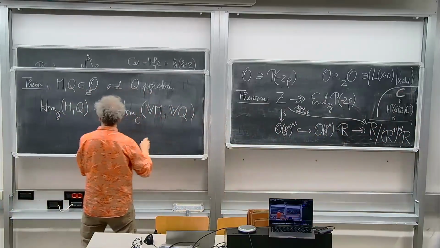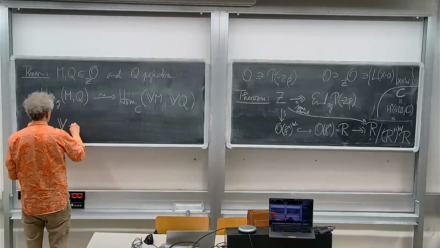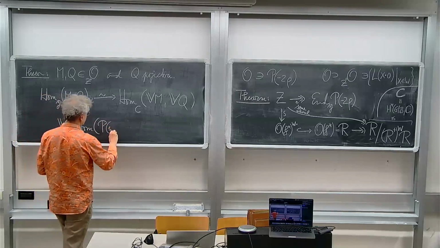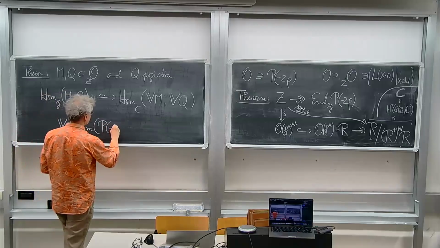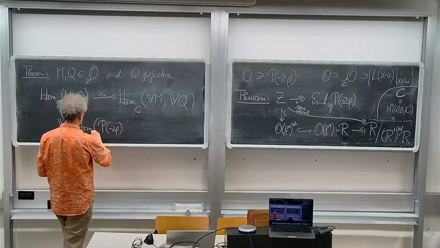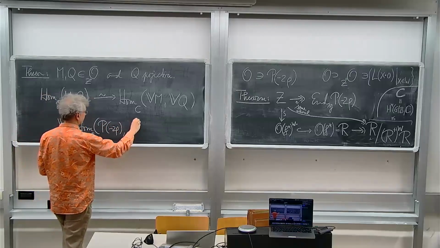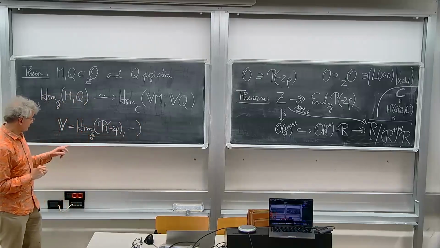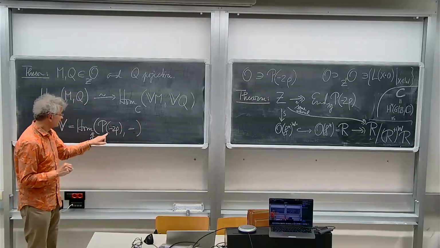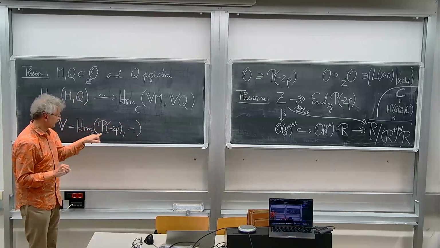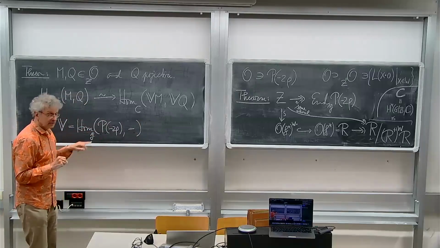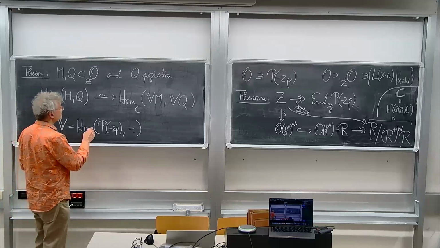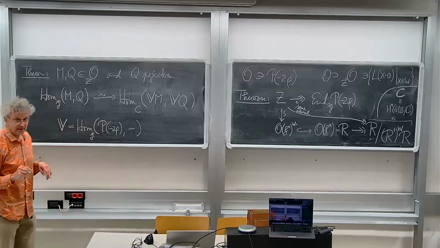And V is just homomorphisms from this anti-dominant projective to something. You can take the homomorphisms from the anti-dominant projective to something, then this will be a module over the endomorphism ring of this, which is C. And this was the big surprise, that this map would be an isomorphism.